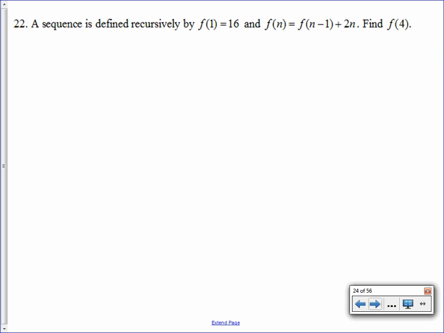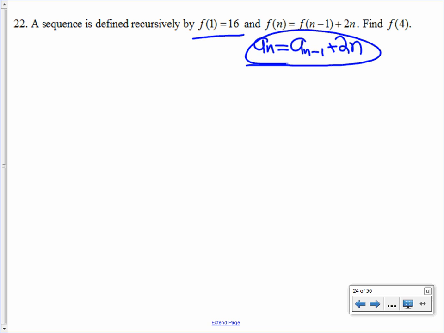We have another example here. It's giving me f of 1. So, again, this is the same thing as a sub n equals a sub n minus 1 plus 2n. Same thing. In fact, I'm going to think of it as this if we're using that notation. It's giving me a sub 1 is 16. So I find a sub 2.